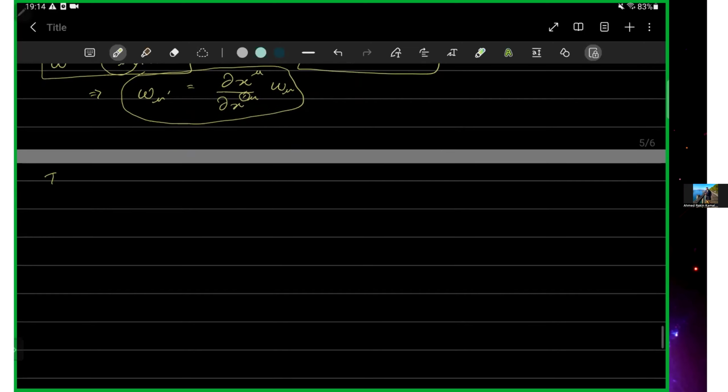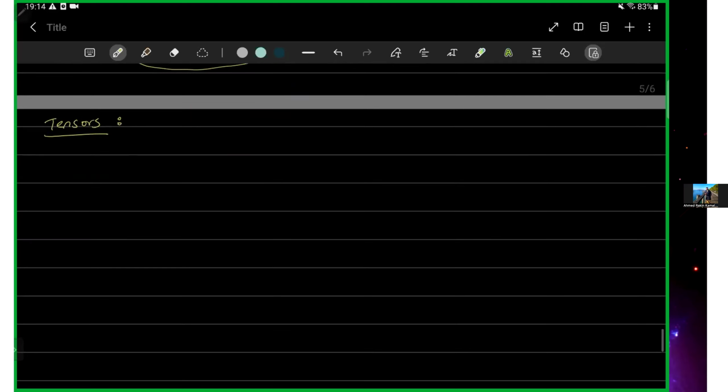So what I mean by that is, if you have a tensor which is of some rank m n, this would be a multilinear map which looks in the following way.